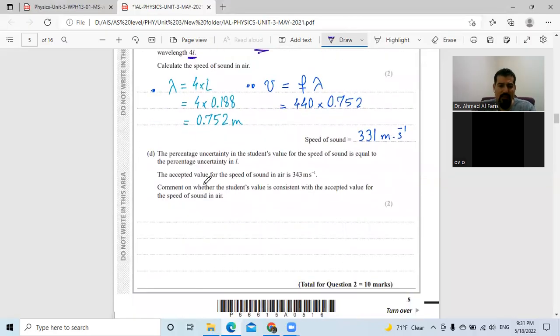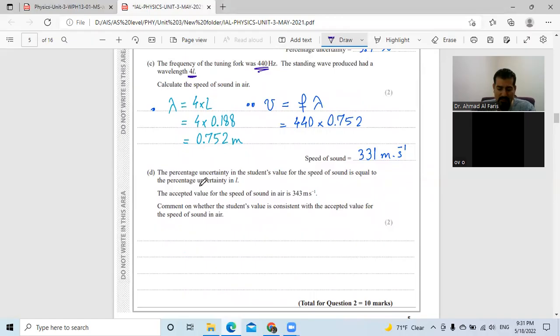Okay, next. The percentage uncertainty in the student's value of the speed of sound is equal to the percentage uncertainty of L only. The accepted value of the speed of sound in air is 343 at this temperature. Comment on whether the student's value is considered to be the accepted value of the speed of sound in air or not.